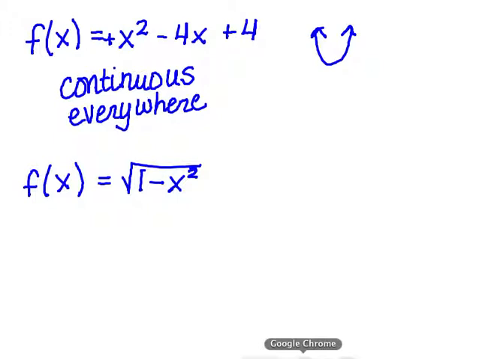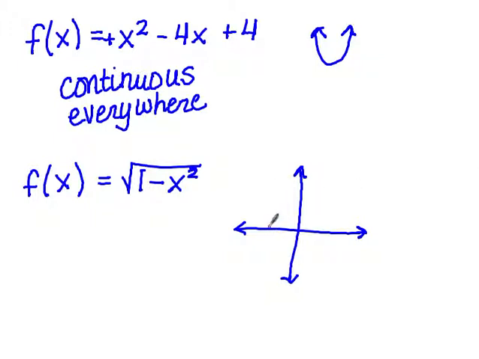Yep. Not 1 minus x, squared like a bracket. 1 minus x squared. What's the graph look like? A half circle. Okay. Do I include the points 1 and negative 1? Yep. How do you know? You plug it in: 1 minus 1, the square root of 0. Yes, you can take the square root of 0. So right here.